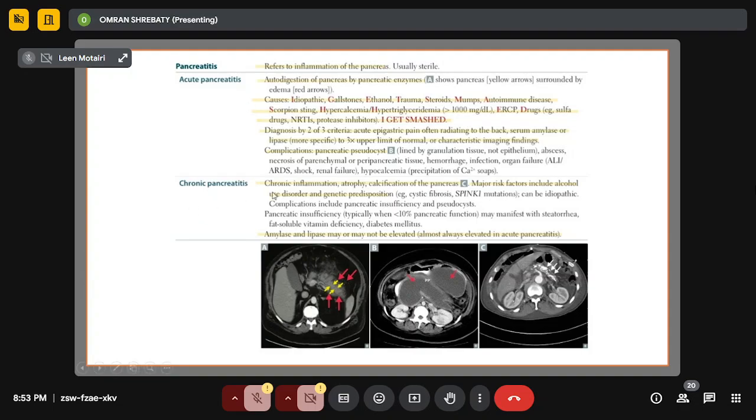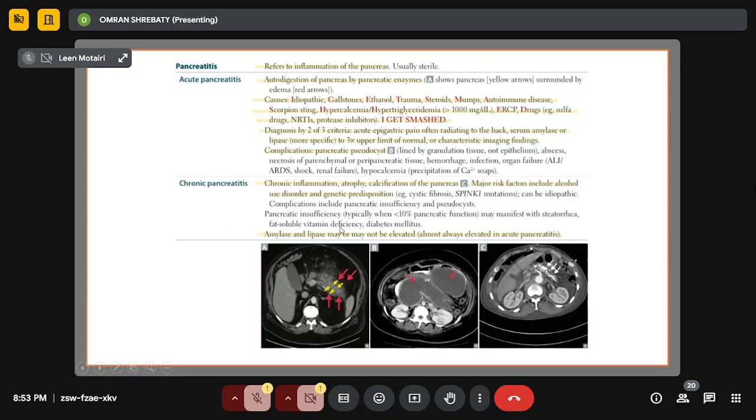So for the chronic pancreatitis, we should remember alcohol and genetic predisposition, as well as the atrophy, shrinking of the pancreas, and calcification due to the persistent inflammation. Amylase and lipase may or may not be elevated. While in the acute pancreatitis, we said it's a part of the criteria and amylase and lipase are going to be at least 3 times the normal.